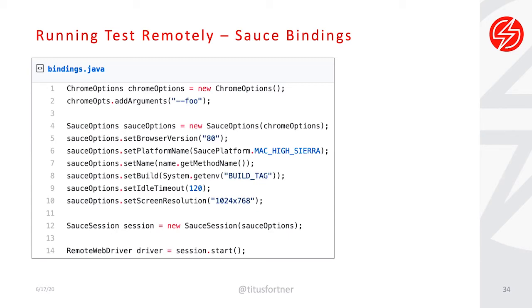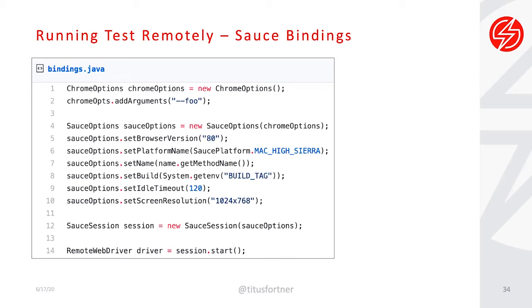So you create your Chrome specific things, your browser specific things, then you initialize a sauce options instance with what you created, and then you set all of the specific values that are either W3C or Sauce Labs specific values, and you just set them directly.